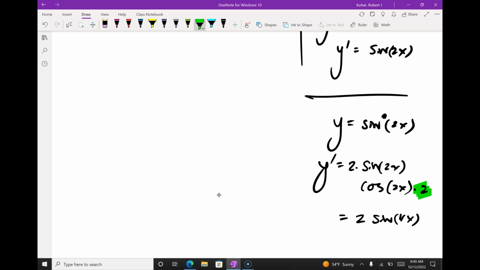It's a little weird, because for this 2 to apply again, I would need a sine 4x cos 4x for me to use that identity. So 2 sine 2x cos 2x is sine 4x, double the angle, and then the extra 2 times that. Okay, the 2 wasn't there from that. Exactly.